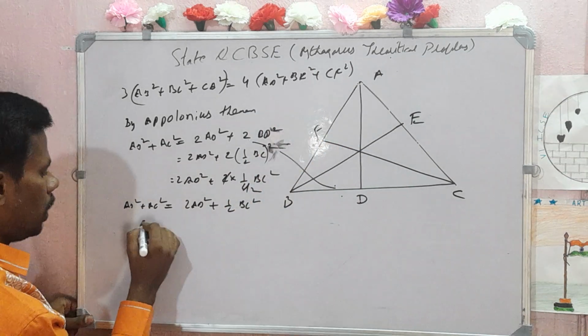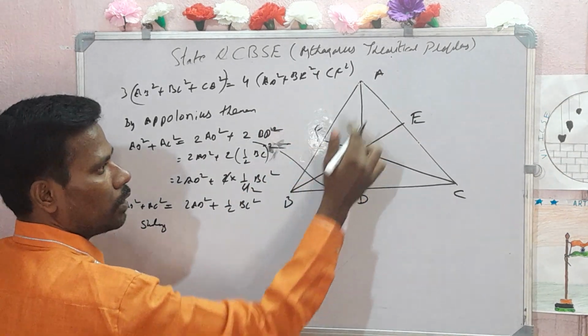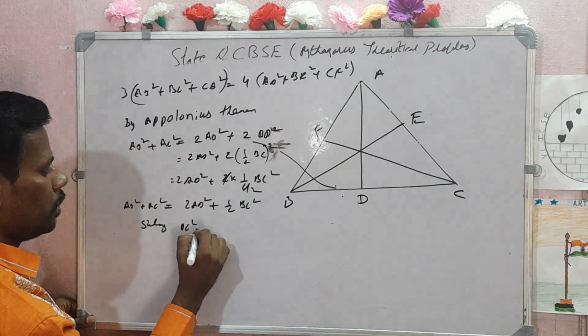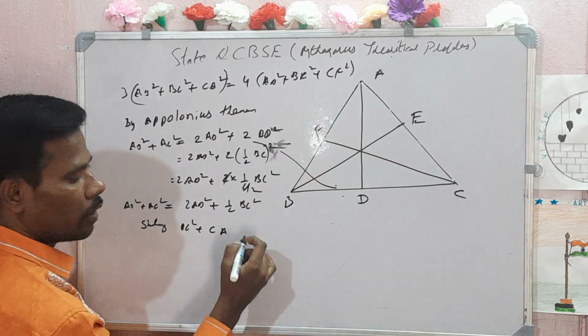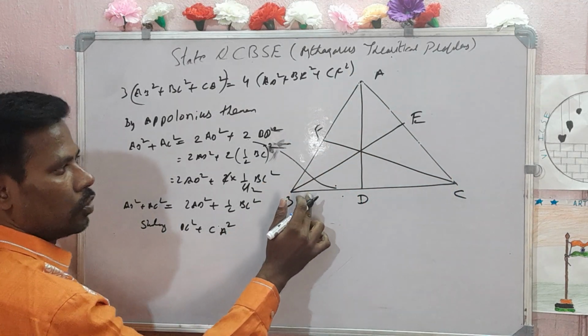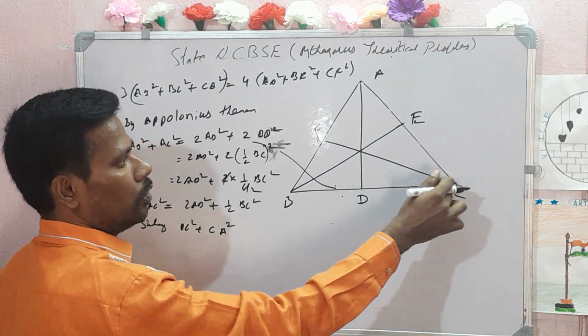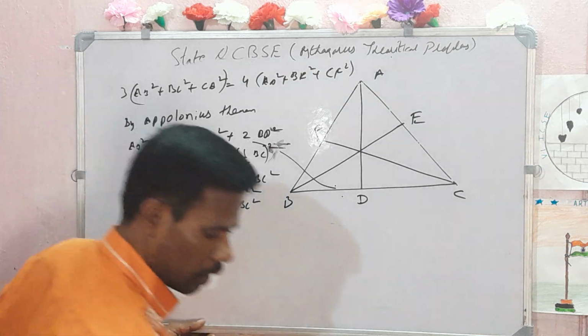Now consider BC square plus CA square. I am sorry, BC plus AB.